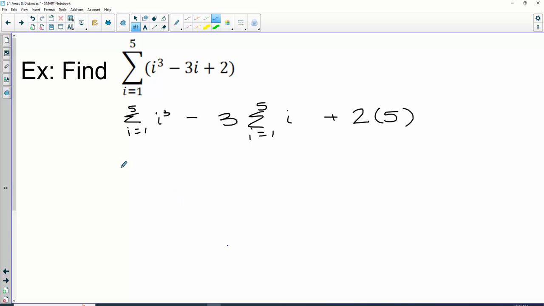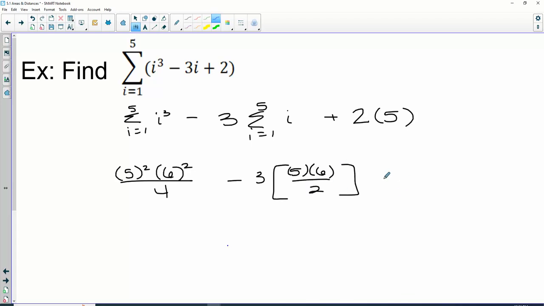Okay, the cube formula is n squared times n plus 1 squared over 4, or you could write 25 times 36 over 4, minus 3 times the i, 5 times 6 over 2, plus 10. And what do you get?